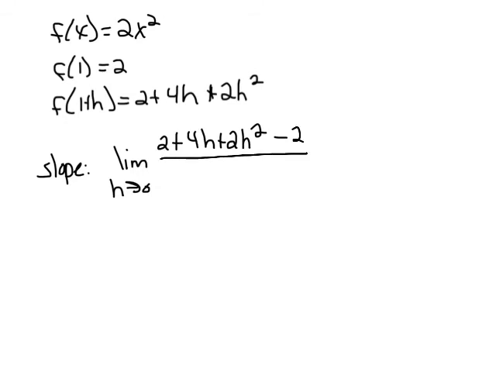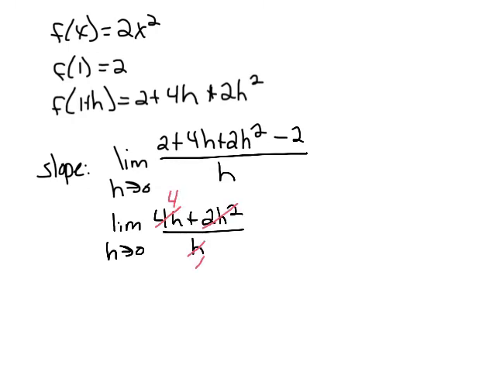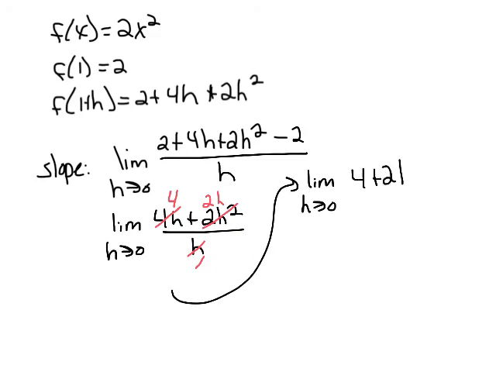And you'll see the constant terms subtract away, and I can reduce my h down. The limit as h approaches 0 of 4h plus 2h squared all over h. This allows me to reduce my h down, and I'm left with the limit as h approaches 0 of 4 plus 2h.